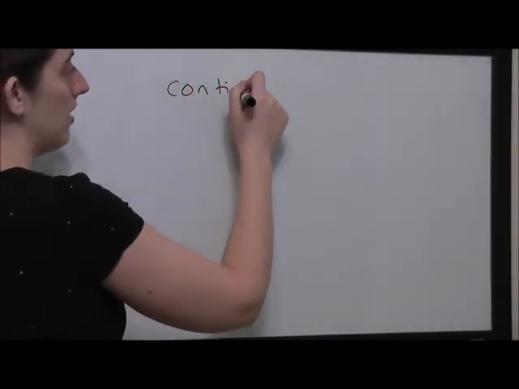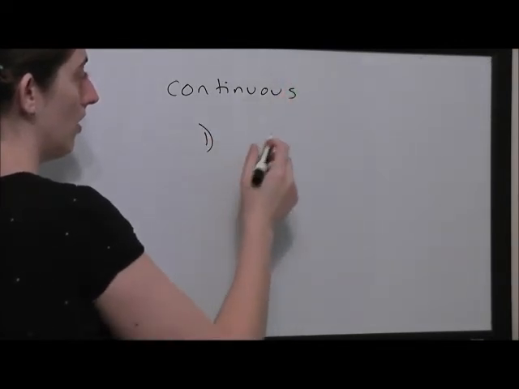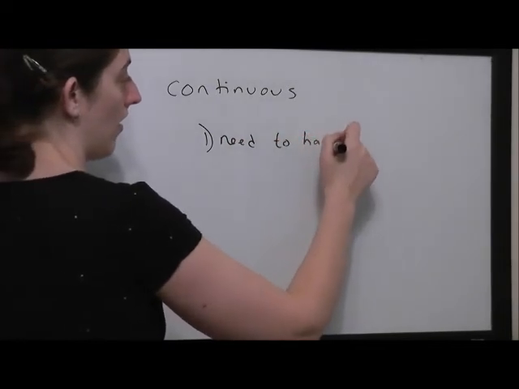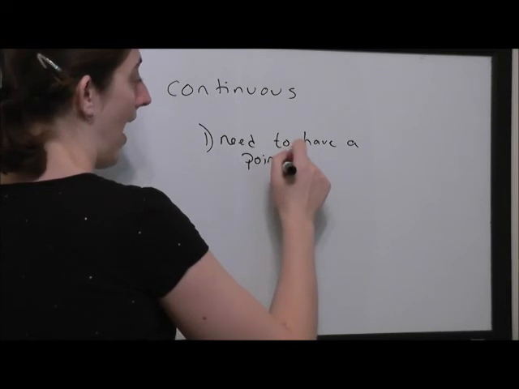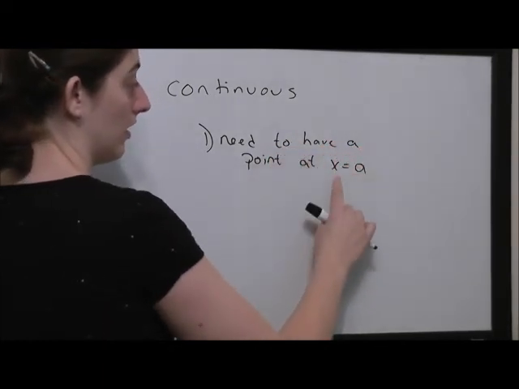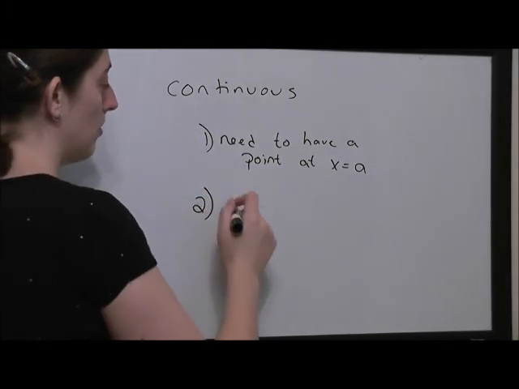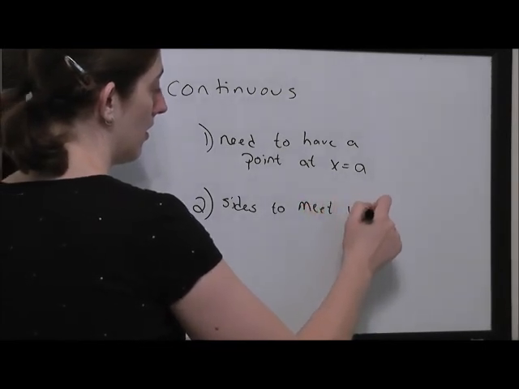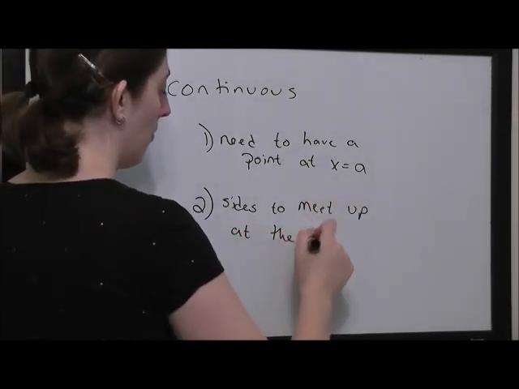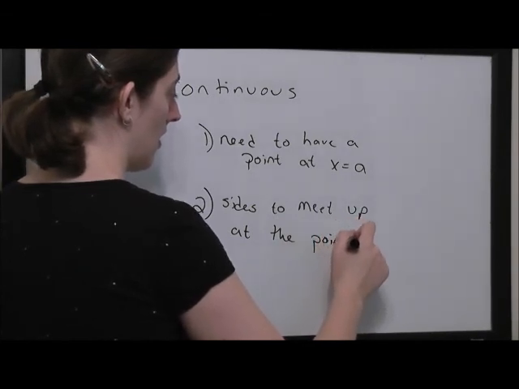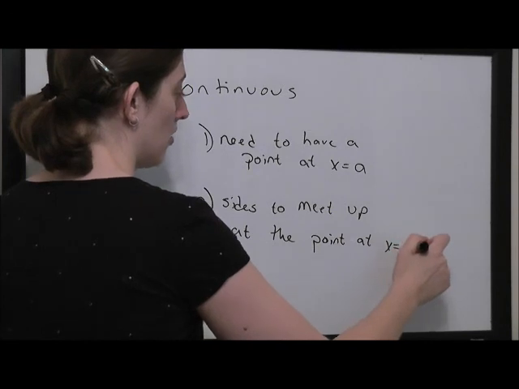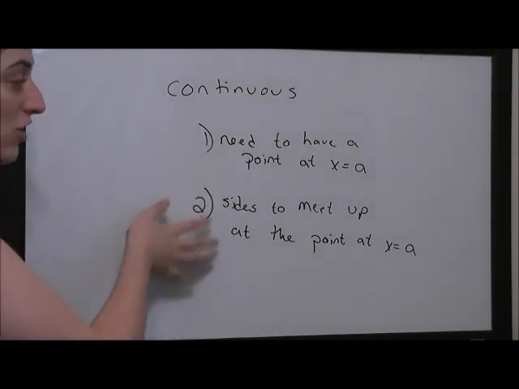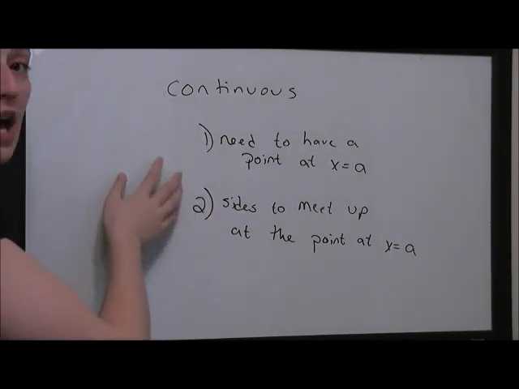To be continuous, one, we need to have a point wherever we're looking, so at, let's say, x equals A. And the second thing is we need the sides to meet up at the point at x equals A. So what we're going to do in the next examples is to see how we actually check this, especially if we're not looking at a graph.